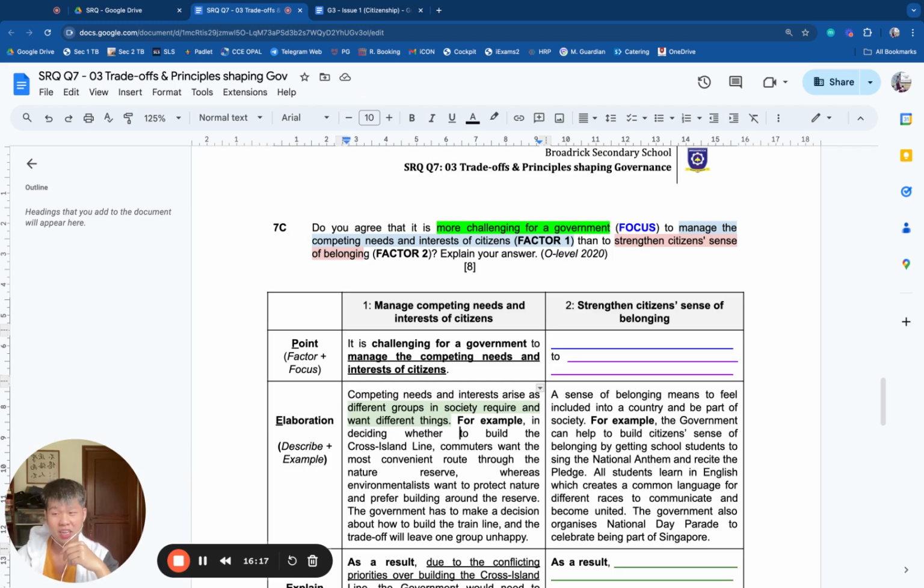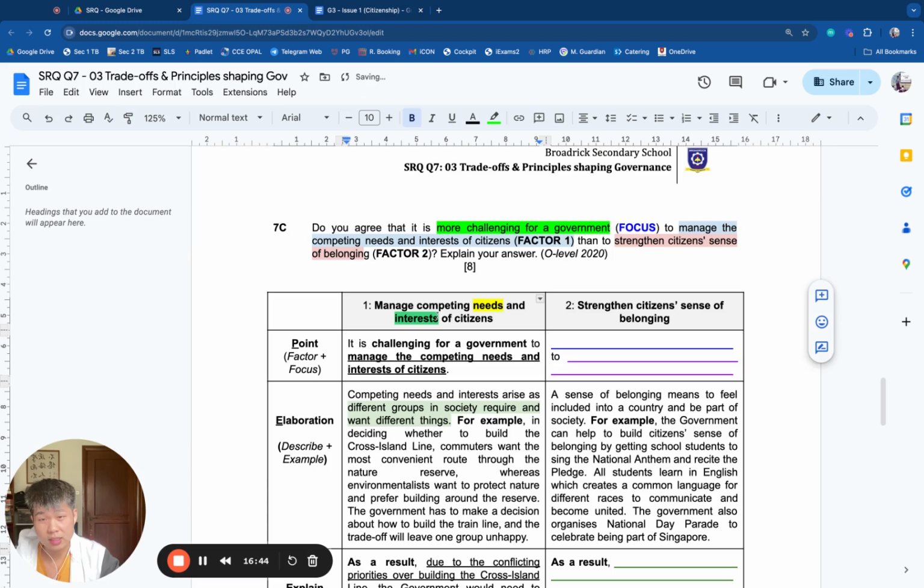And I leave it as a challenge to my students who are watching this video and doing this as homework. I leave it as a challenge to you if you would like to try using your own example and explanations. In this case, I chose to look at the Cross Island Line. And why can I do this? Because the factor mentions differing needs, but also differing interests.